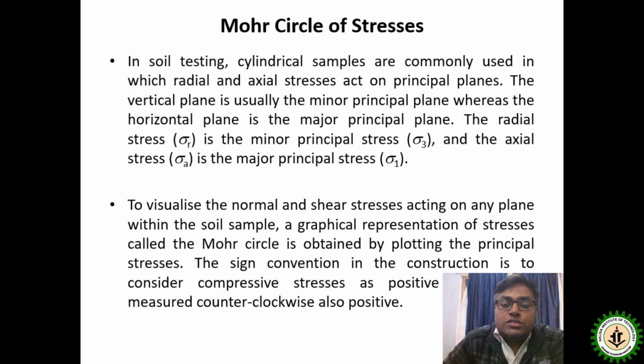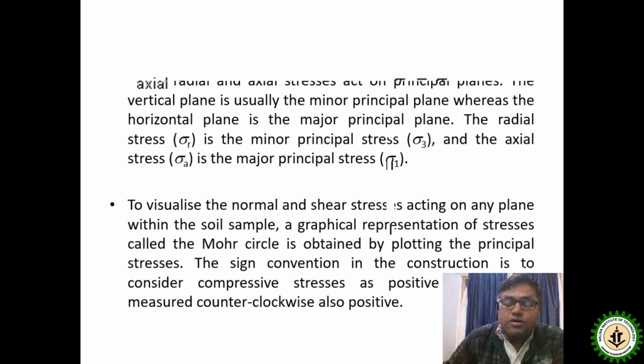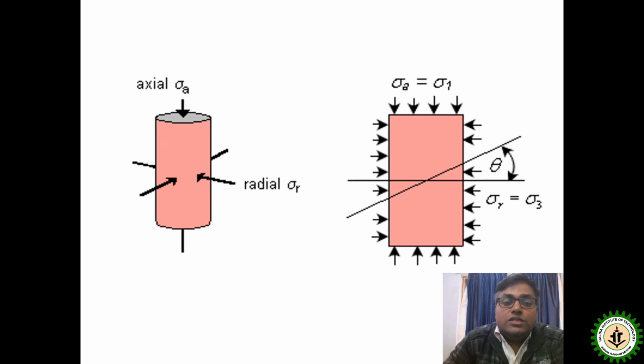So considering these stresses, we have to plot them graphically to represent the stress, which is called the Mohr circle. This is a soil sample on which the stresses are acting.